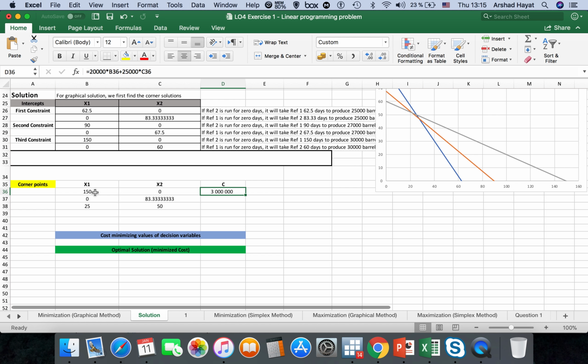Because each day it is costing us $20,000 and we are running the first refinery for 150 days and the second refinery for 0 days.